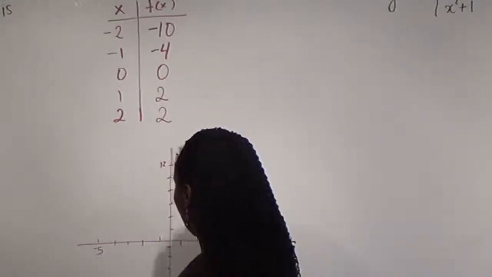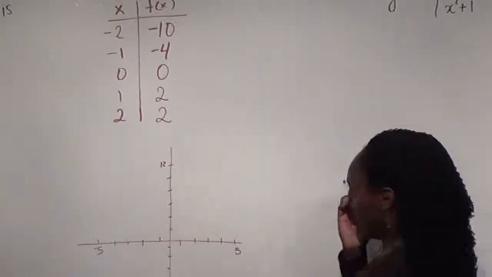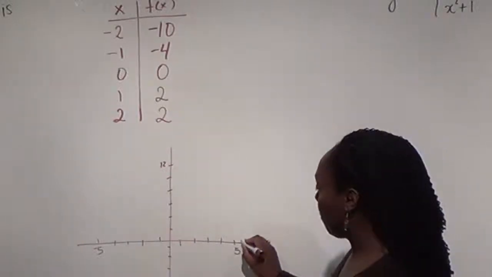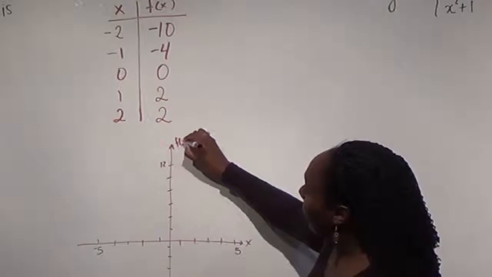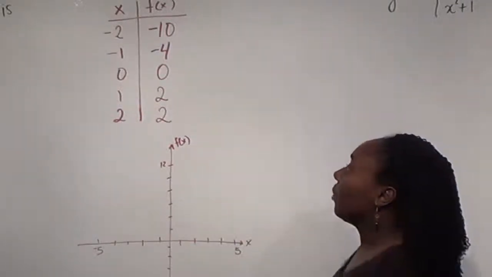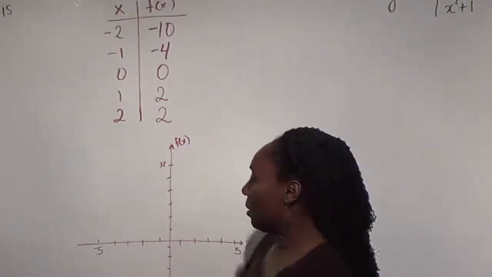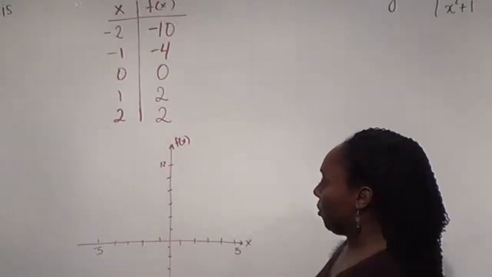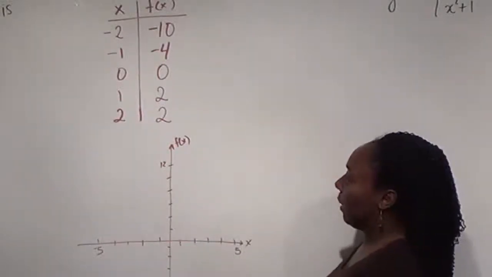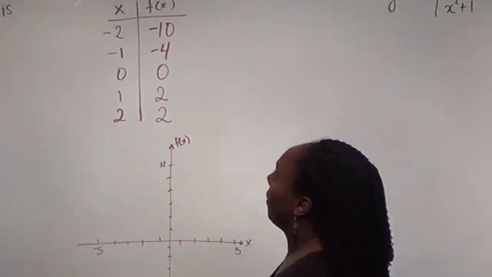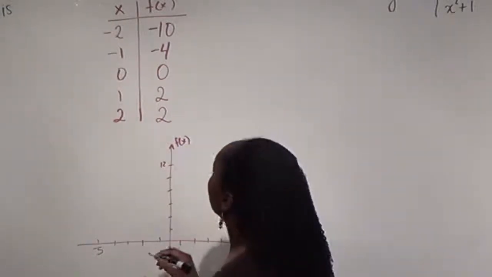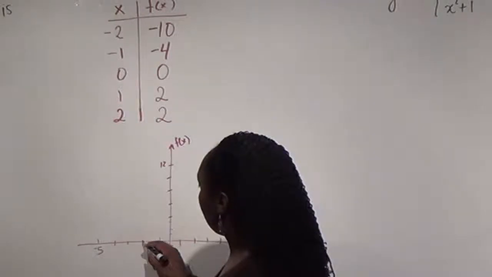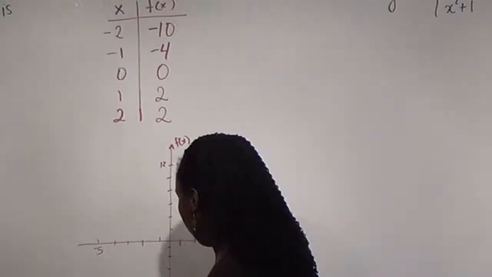When I go to graph, I want to start by labeling my function, my picture. Then we'll plot the points. I'm going to use a different color so you don't confuse it with my coordinate system. At -2, we're getting -10, so down here.